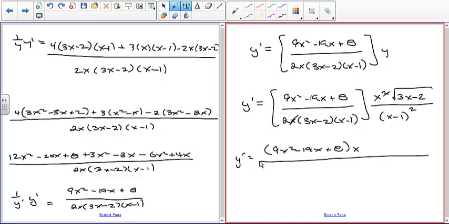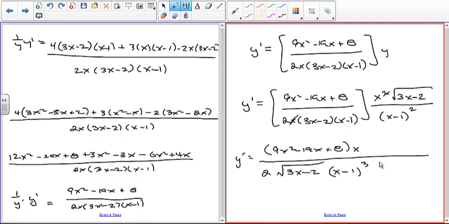And then in the denominator, we have 2. But the square root of 3x minus 2 divided by the square root of 3x minus 2 is the square root of 3x minus 2. And then I have x minus 1 times x minus 1 squared, so I'll have x minus 1 cubed. So that times that gives me that. And there's my final answer.